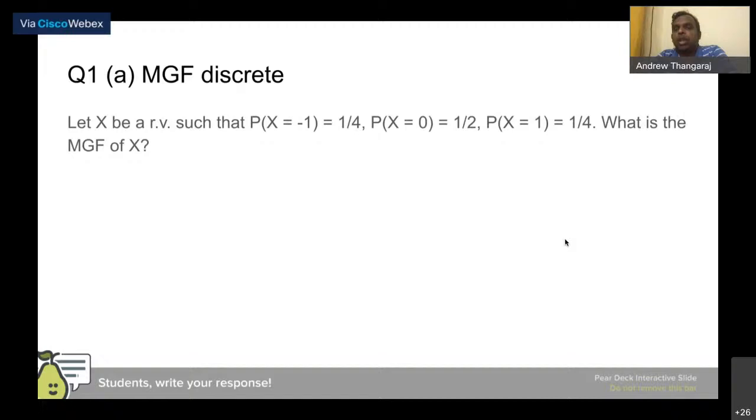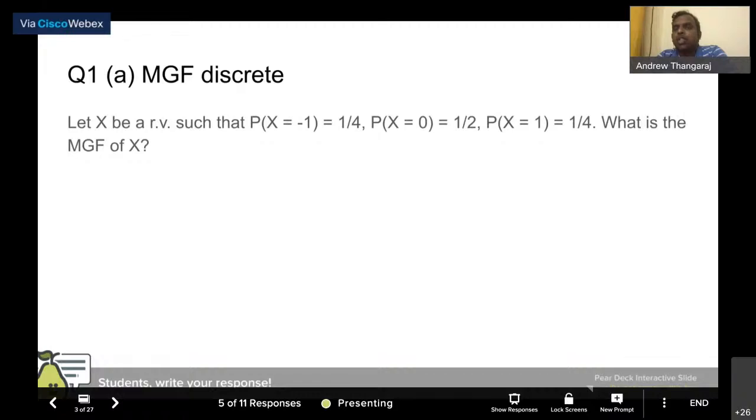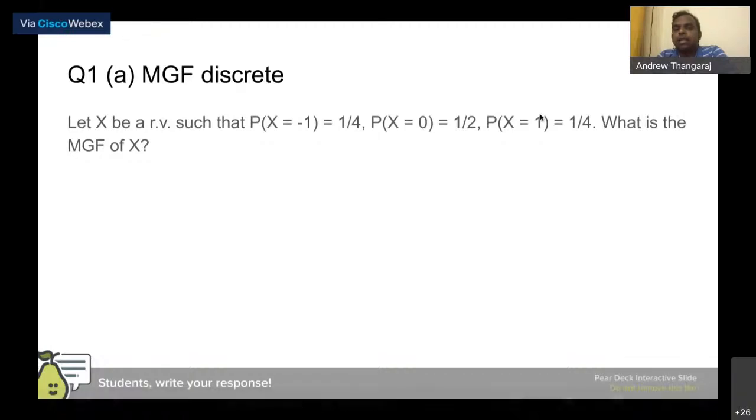You have to go to joinpd.com, and the code is right there on the top right, YGEKCL.